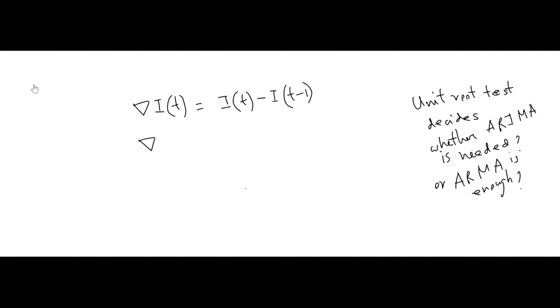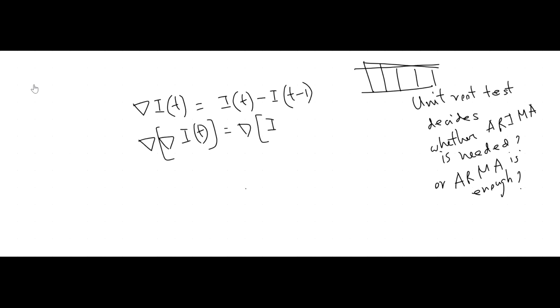Suppose even after taking first differencing, you see that your covariance function is still decaying very slowly. Then what can you do? You can take two successive differencing. You already have taken one differencing, and you apply another differencing on that. What is the meaning of that? I'm just using these mathematical symbols because this is done in this way.